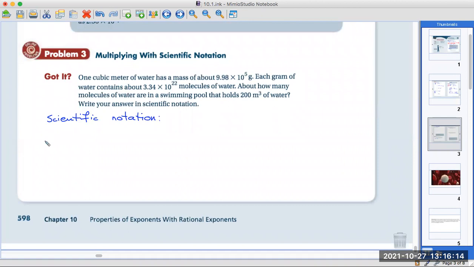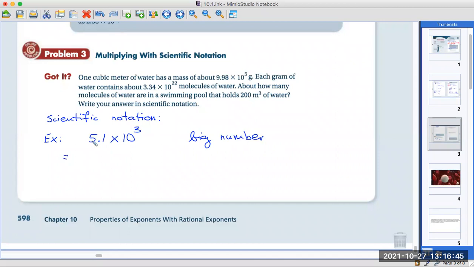So let's say I have 5.1 times. The only time you use an X for times is in scientific notation. It's always base 10. And then let's say it's to the power of 3. If the power is positive, you have a big number. If the power is negative, you will have a small number.